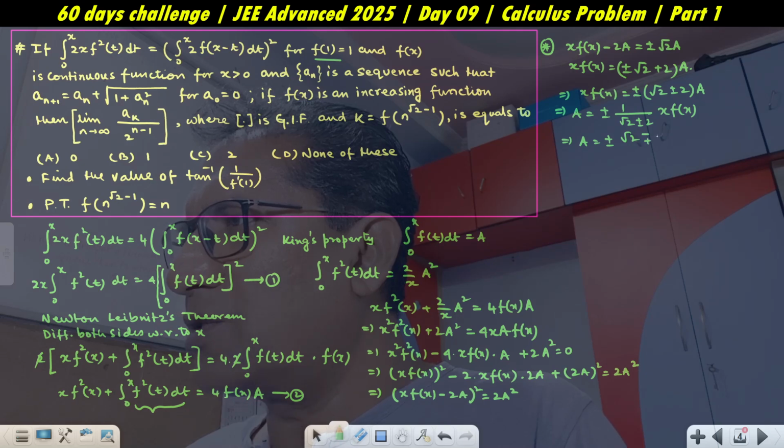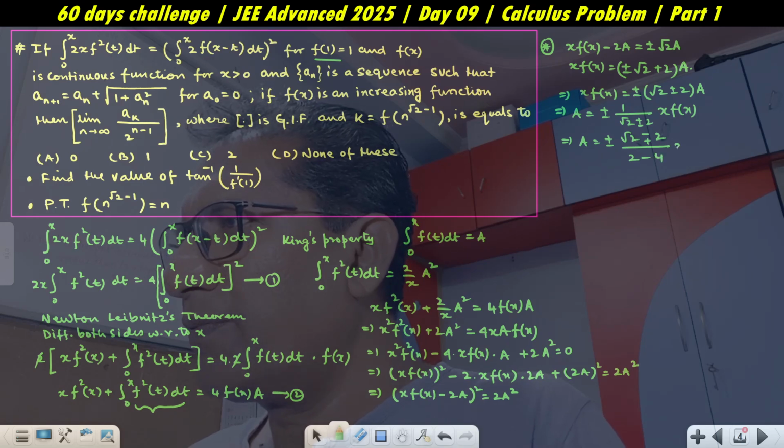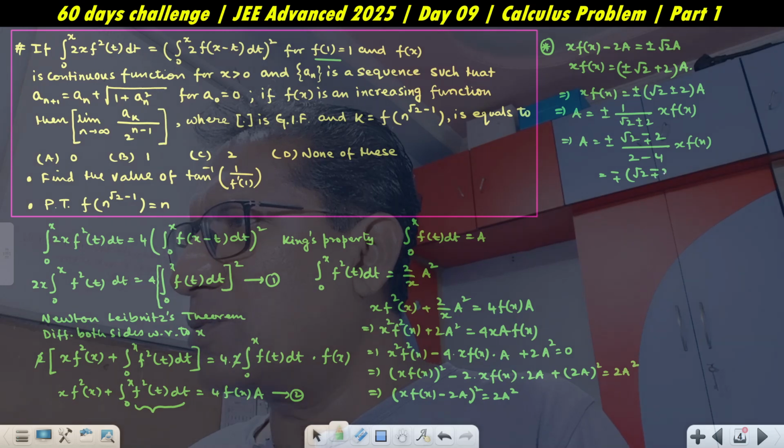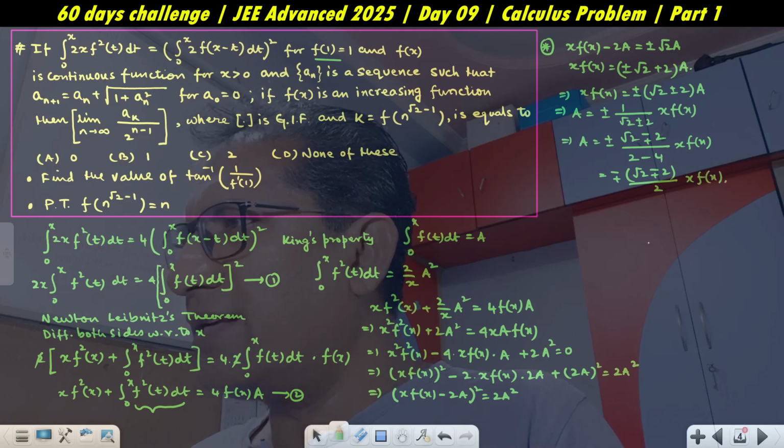Root 2 minus plus 2, that gives us 2 minus 4 x f(x). So minus plus root 2 minus plus 2 divided by 2 x f(x).